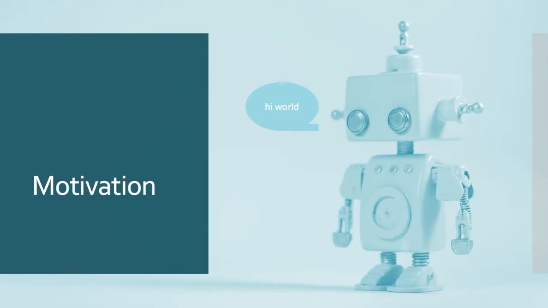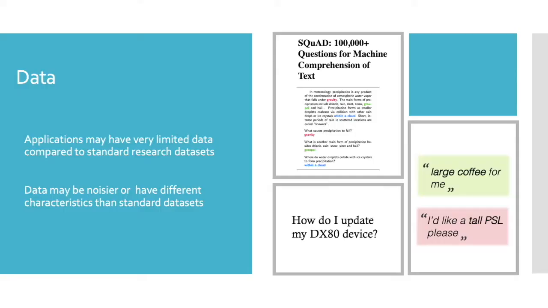I'll start by outlining some of the key differences between academia and industry, the first of which is data. Production applications may have very limited data compared to standard research data sets. For example, SQuAD, a popular QA data set, has over 100,000 questions, but you may only have a couple hundred question-answer pairs to set up your system.